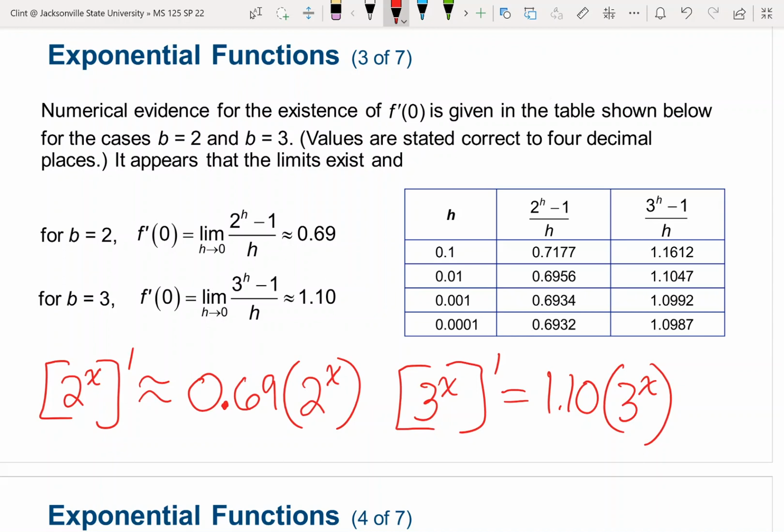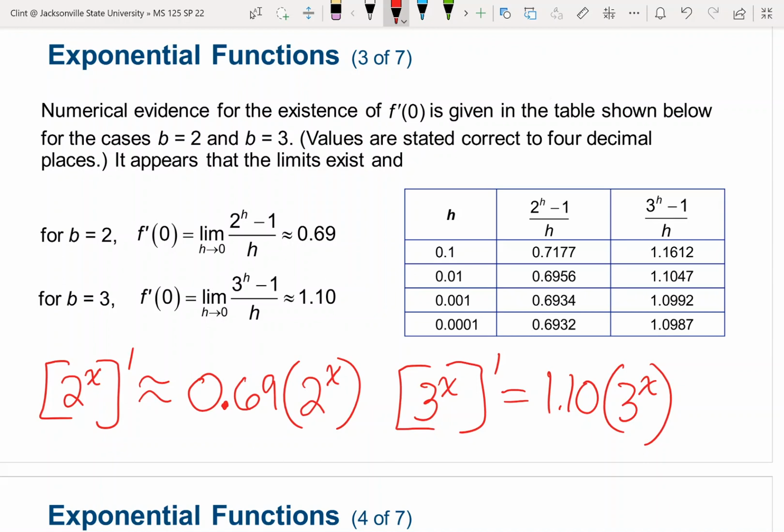A b of 2 gives us about 0.69, a b of 3 gives us about 1.10. So the base b that would give us f prime of 0 equals 1 should be somewhere between 2 and 3.